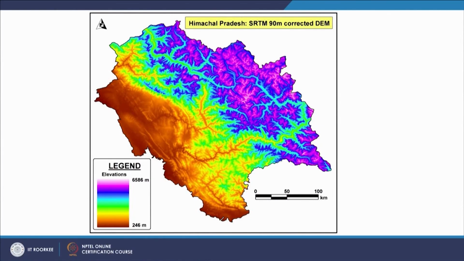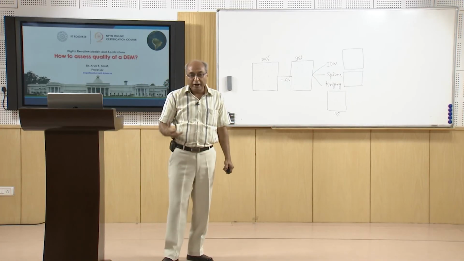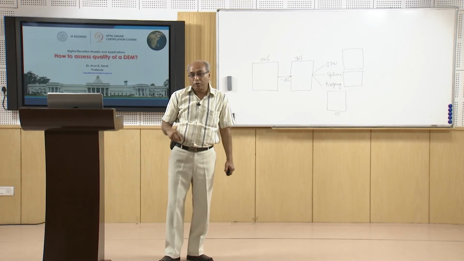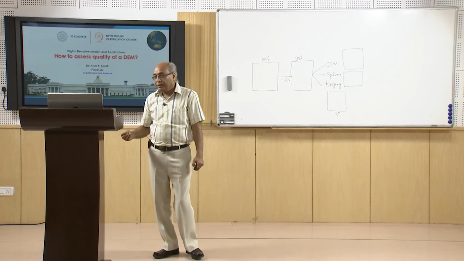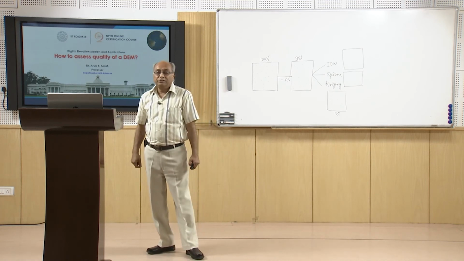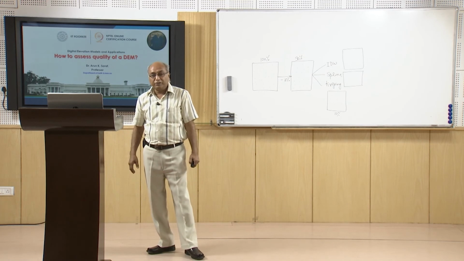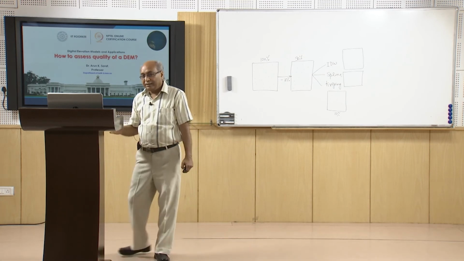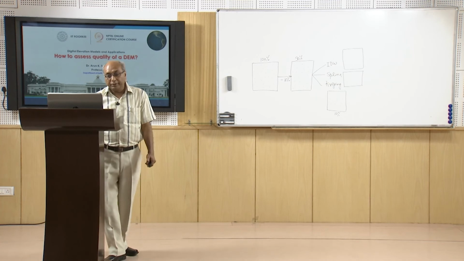So now you are seeing a completely void free digital elevation model at 90 meter resolution. Later on, for the entire SRTM digital elevation model of 80% of the globe, the same exercise was done and the voids were removed.